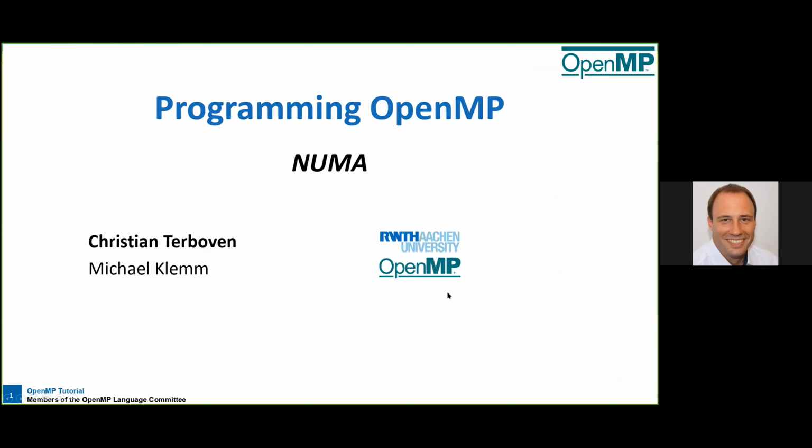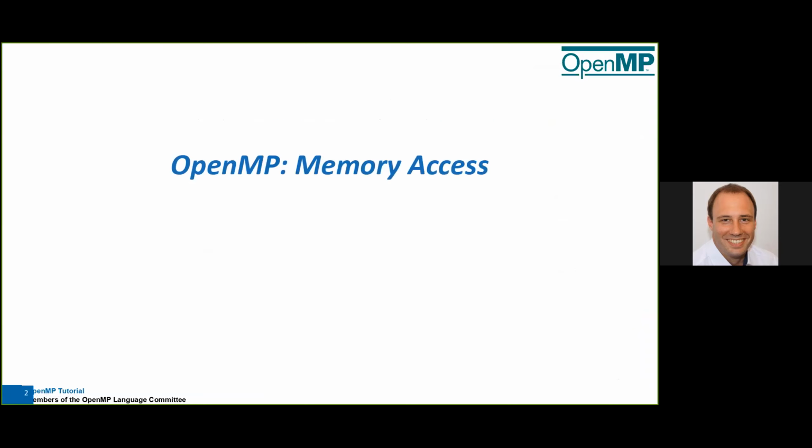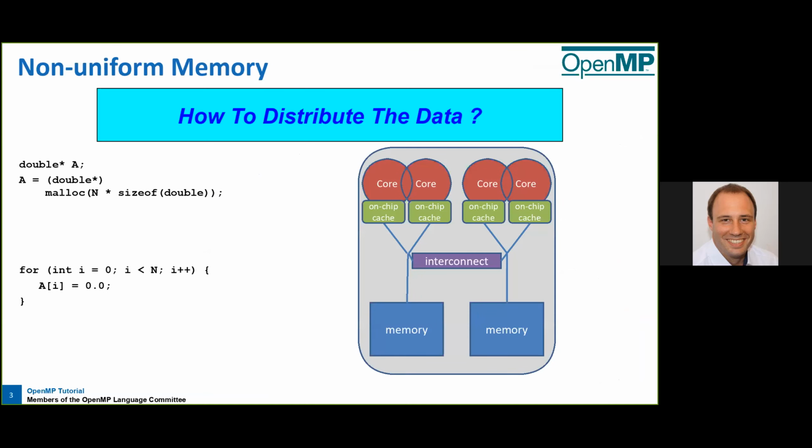I didn't hear any objections. That means we will start discussing NUMA, which stands for non-uniform memory architectures. And this whole discussion is about the topic of memory access in OpenMP, and in particular also locality. So let's start with a very simple example.